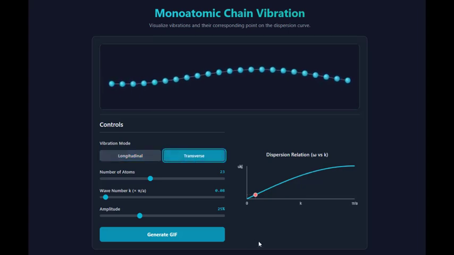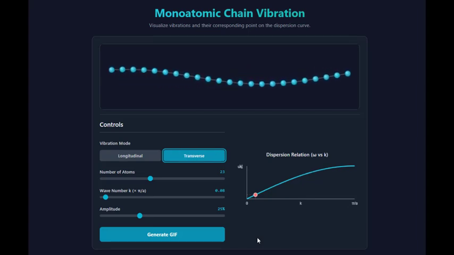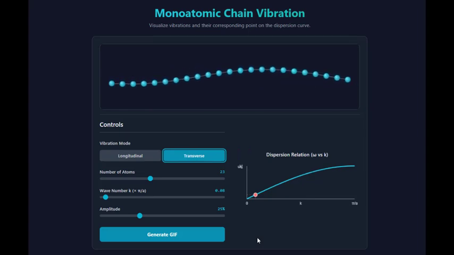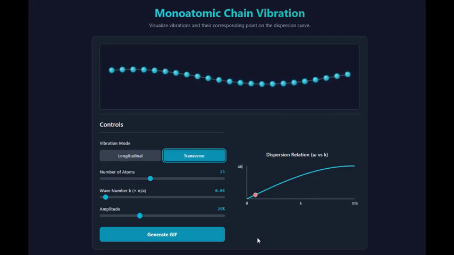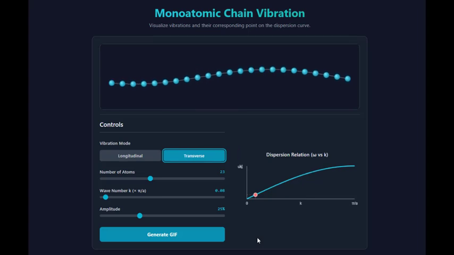Now these modes of vibration can be well visualized in case of transverse vibrations. So if we switch to transverse vibrations, you could see how the individual atoms are vibrating and their collective movements lead to generation of group waves.